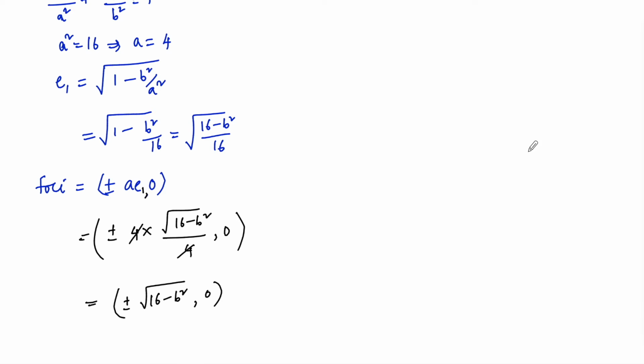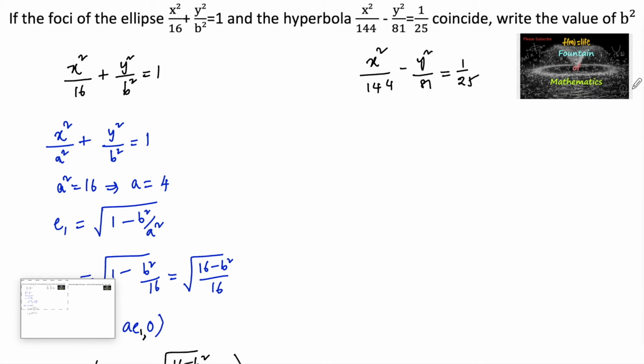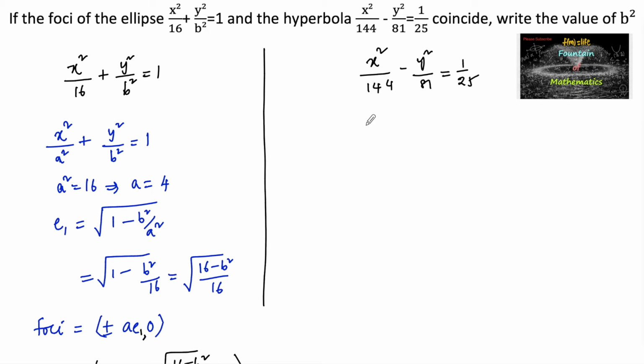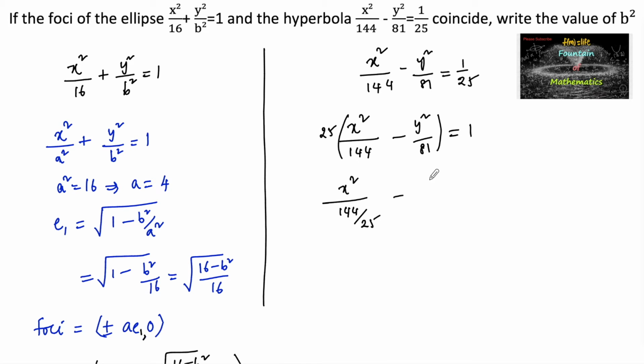And coming to the hyperbola, this equation can also be written as 25 times x square by 144 minus y square by 81 is equal to 1, or we can write x square upon 144 by 25 minus y square upon 81 by 25, which is equal to 1.